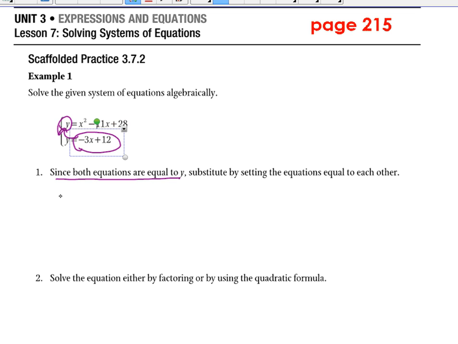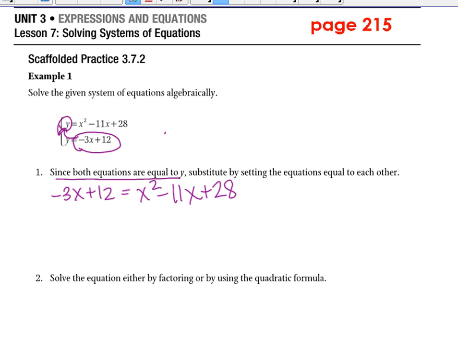So that's going to look like negative 3x plus 12 equals x squared minus 11x plus 28. Now we know how to solve that. That's quadratic.